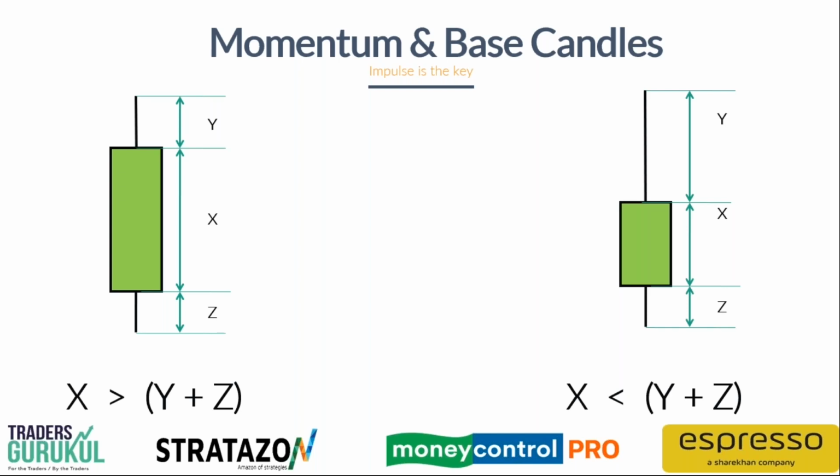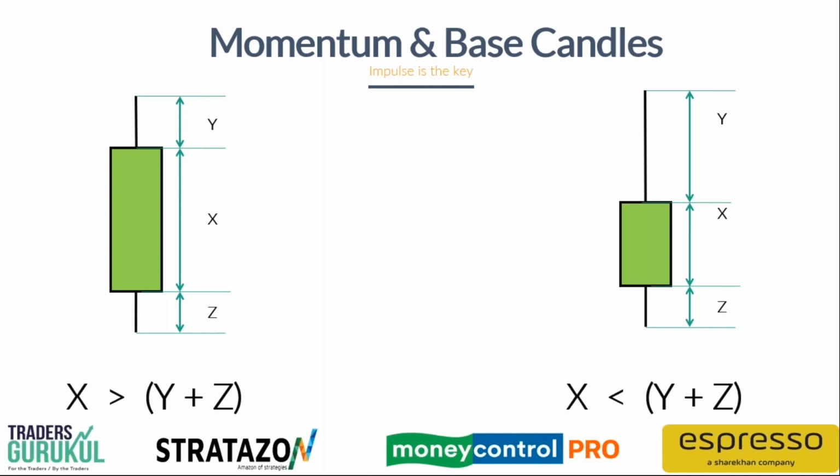In case of this so-called small base candle, nobody is in control. It is a draw match. It is neither buyers nor sellers. It is a state of confusion. People are fighting for dominance. So there are only 2 candles. Rest all is meaningless for me.